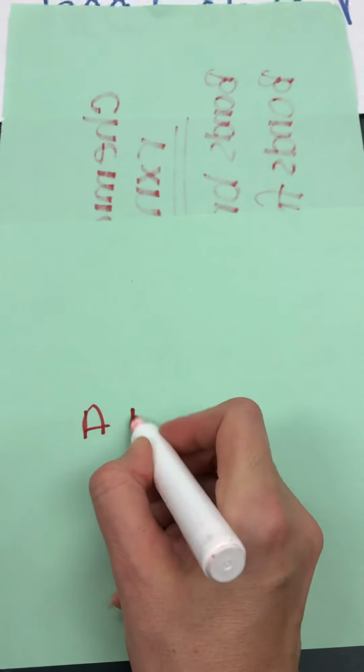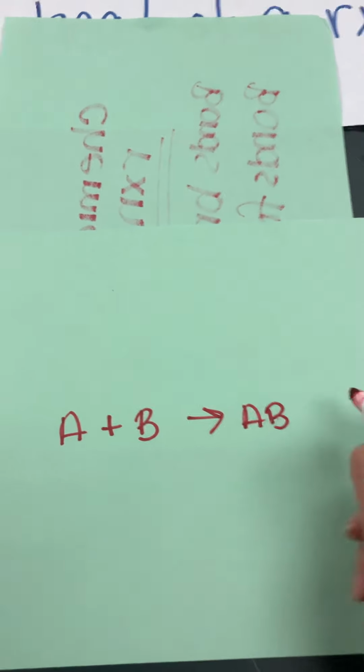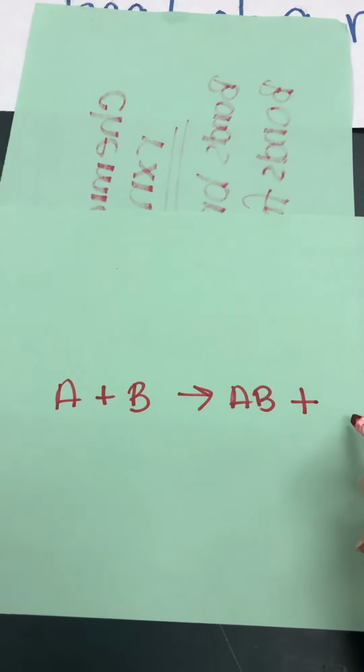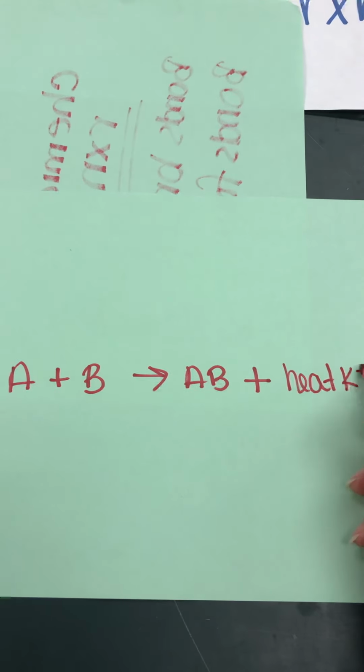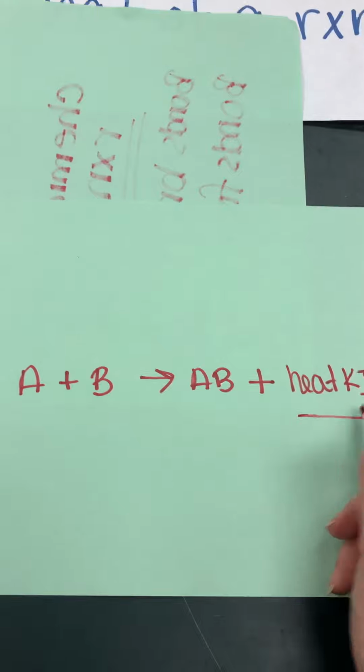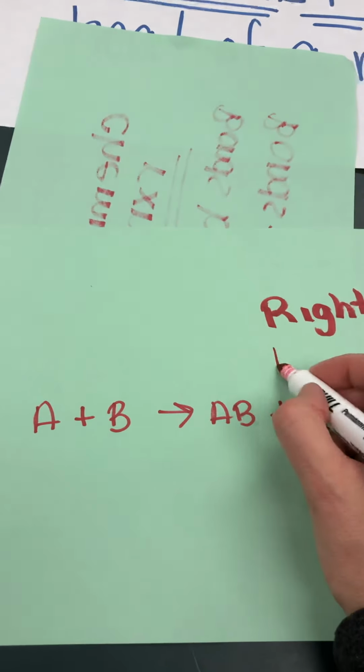So let's take a look at another format, and that is A plus B yields AB plus, and I can actually put the heat amount here in kilojoules on the right-hand side. The right-hand side are the products.